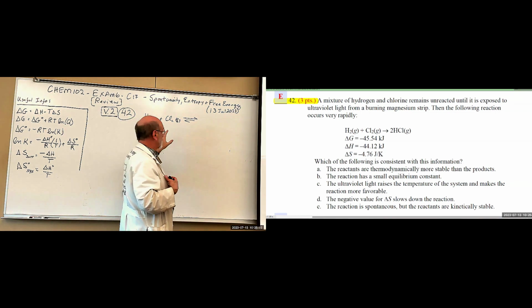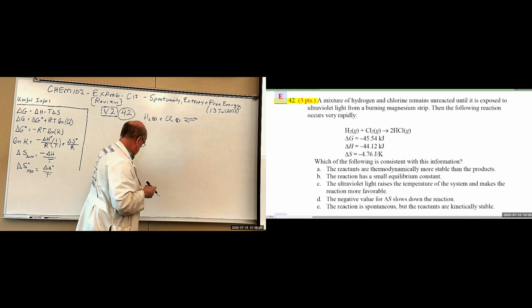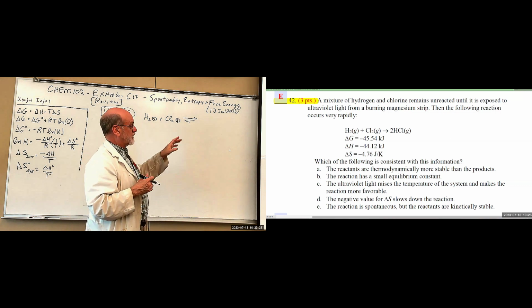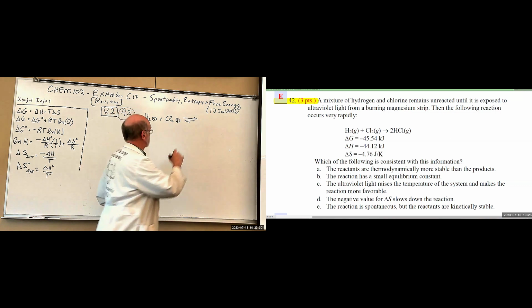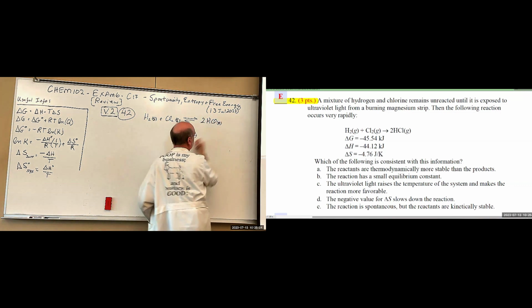So as long as it sits there in that flask, just like that, well, we don't know yet, based on the information. I haven't put everything up here yet. It's going to make 2 HCl gas.